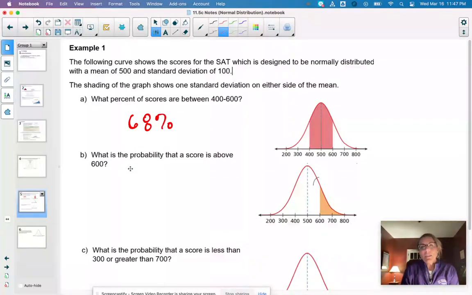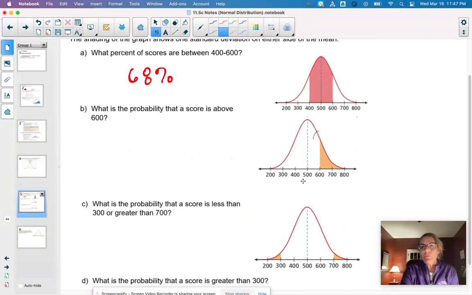What is the probability that a score is above 600? If we look here, again, you're going to have to shade this in your notes. This is what we're looking at right here, this yellow shaded area. We know already that from here to here accounts for 68% of the data.